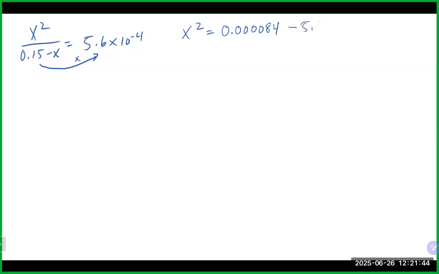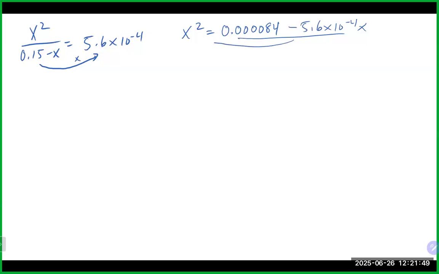I think it was x squared over 0.15 minus x equals 5.6 times 10 to the minus 4. Clearly, I'm going to multiply this to the other side, and that gives me x squared equals 0.15 times 5.6 times 10 to the minus 4, which is 0.000084, minus 5.6 times 10 to the minus 4 x.